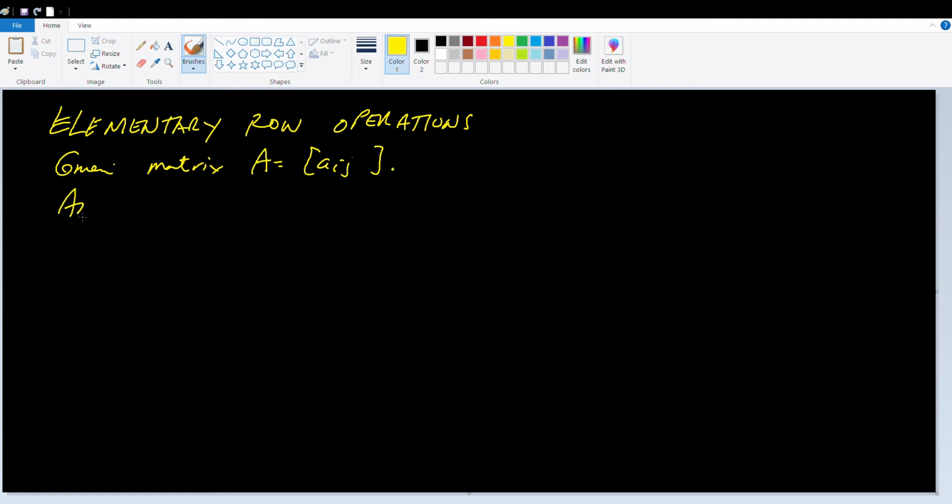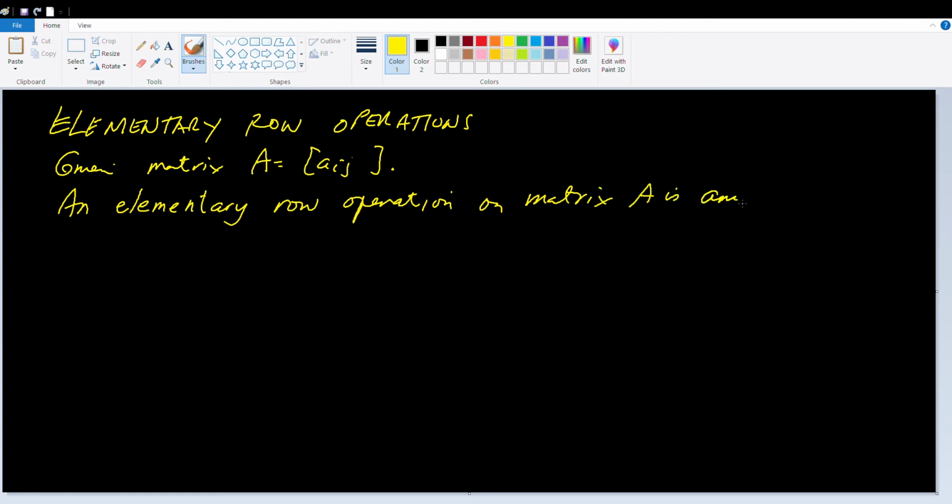An elementary row operation on matrix A is any of the following operations.